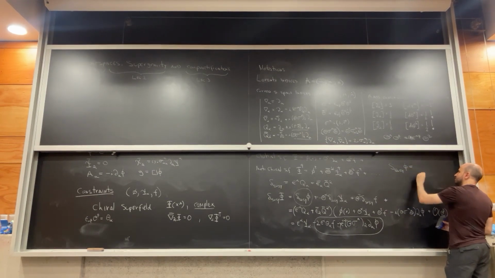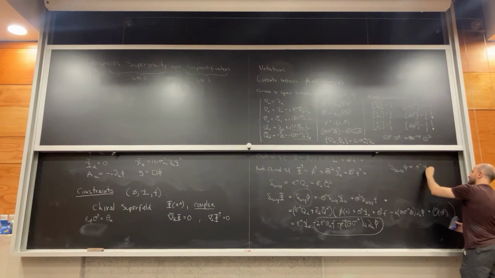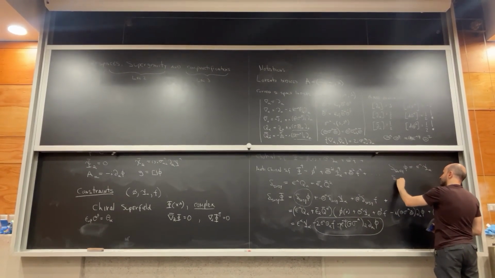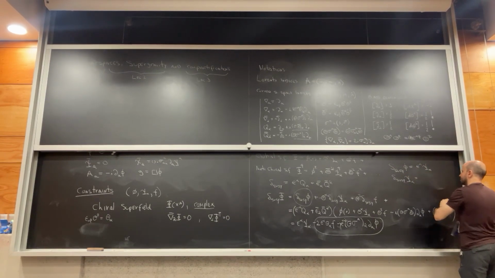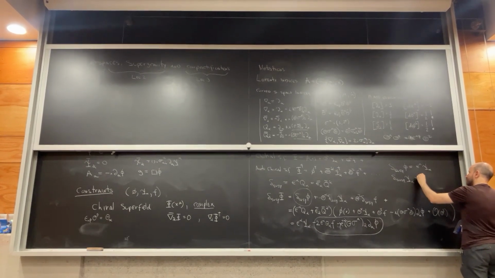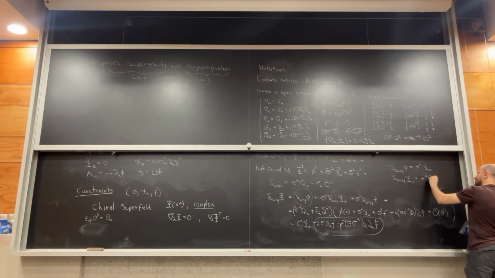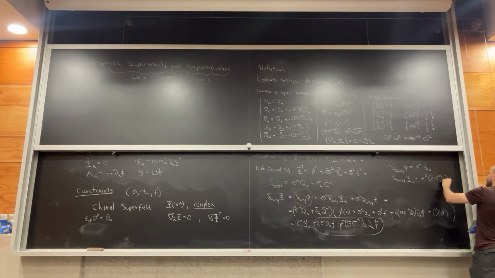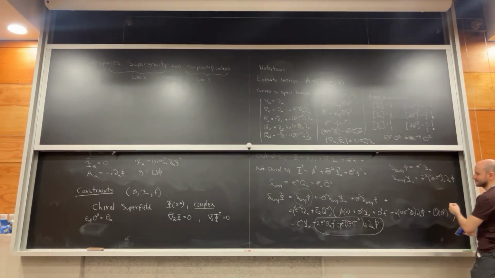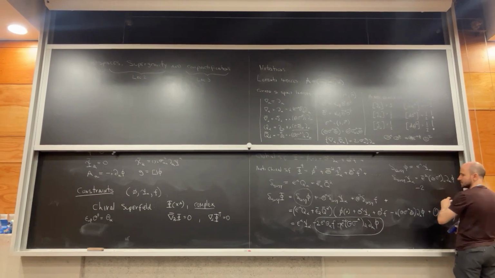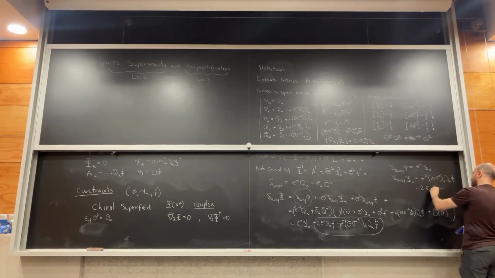So the supersymmetric transformation of phi is epsilon alpha, psi alpha, and the supersymmetric transformation of psi alpha is epsilon bar alpha dot theta a alpha dot derivative of phi, plus this term of it, minus 2 epsilon alpha f.